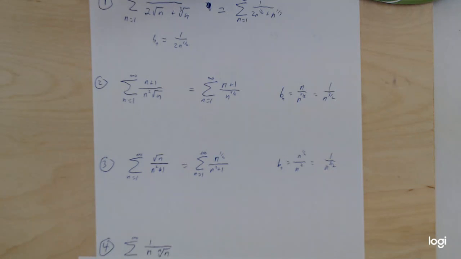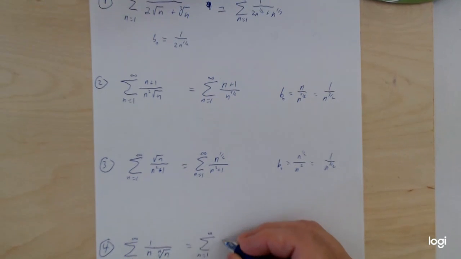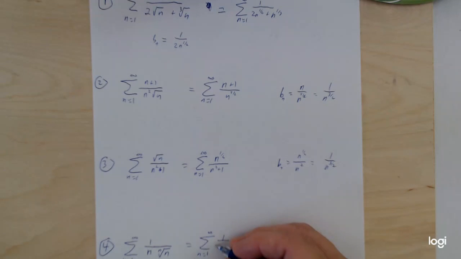And then finally, and that's a little different, 1 over n times the nth root of n. Now if you write that in exponents, the trick is what's getting biggest here.